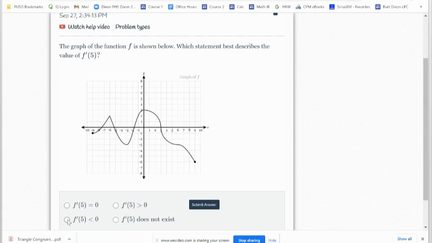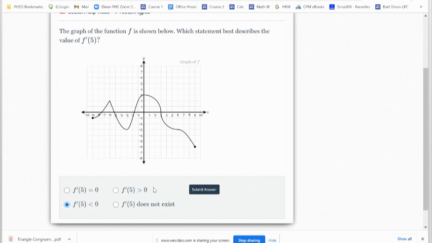So f prime of 5 would have to be a negative number because the slope of the curve, as we go from left to right, is negative. If it was horizontal, like up here at (0, 3), there's a horizontal slope, that's when we would say the slope is 0 or the derivative is 0.